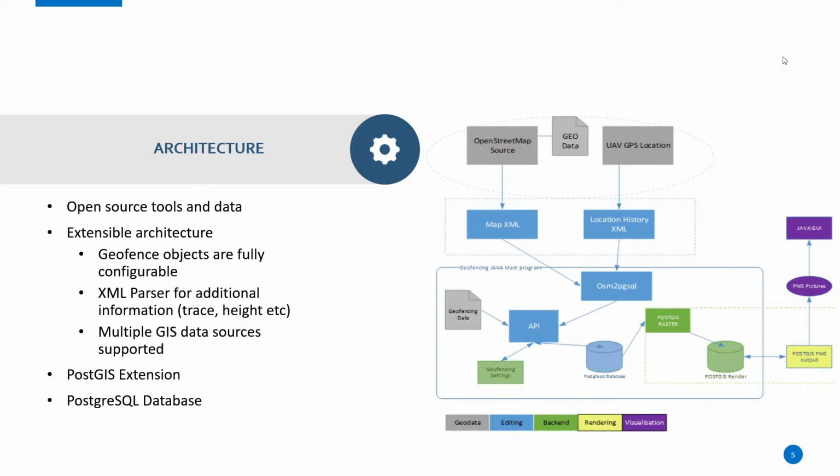And then we do the calculations using PostGIS with the help of the Java JDBC drivers, so we can manipulate the database easily. And after we get the raster image inside the database, we export it as a PNG and display the image on our graphic user interface, also built with Java.